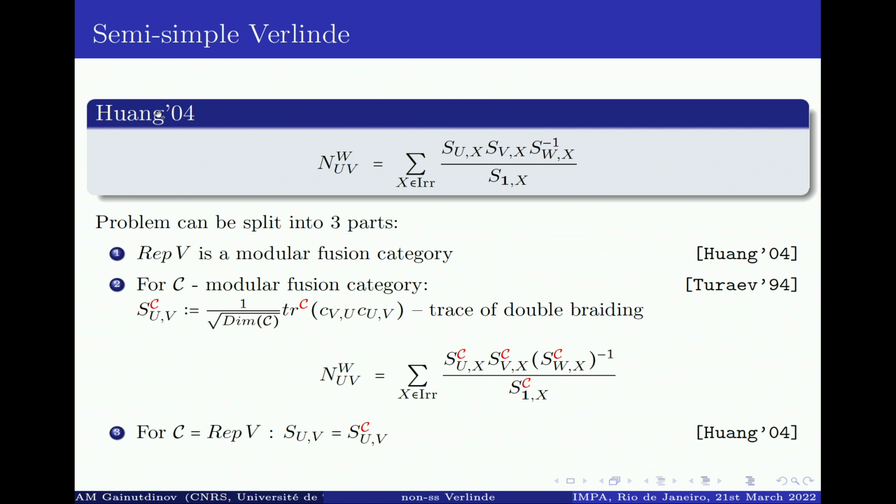This was introduced by Turaev back in '94, and this is a definition of the S matrix: you just compute the categorical trace of the double braiding. Then it's actually quite an easy proof. With this S matrix, it's not hard to prove this formula for N_UV^W, but here you use the categorical data, which seemingly has nothing to do with the VOA.